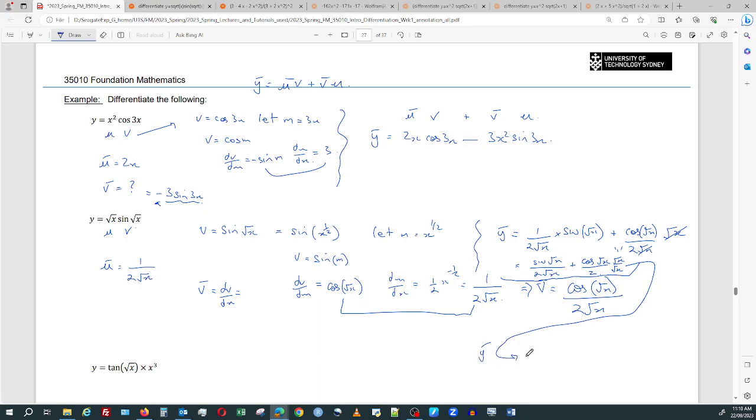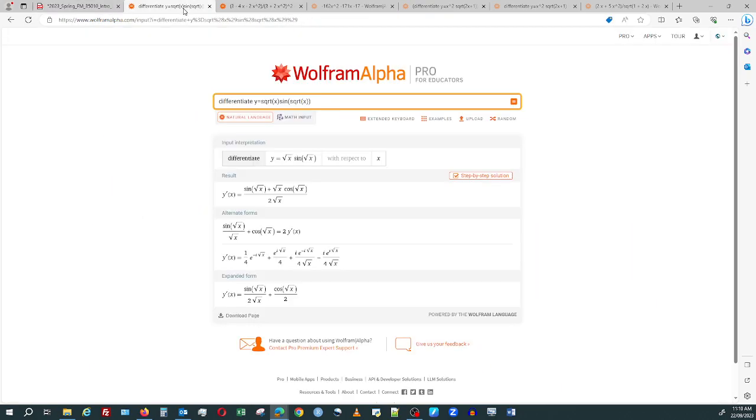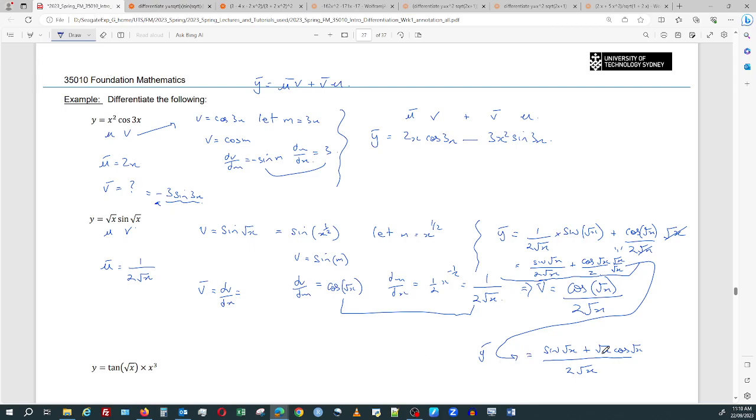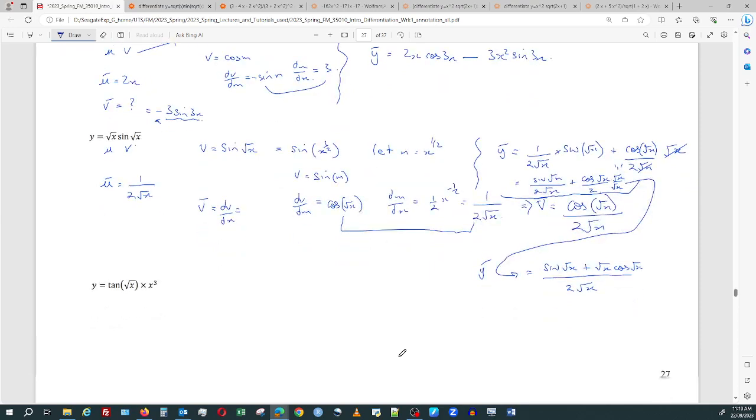Say y dash is equal to sine root x plus root x cos root x over the same family, 2 root x. Okay, and I think that's where we ended up. Sine root x plus root x cos root x over 2 root x. So just that finalising of the equations.